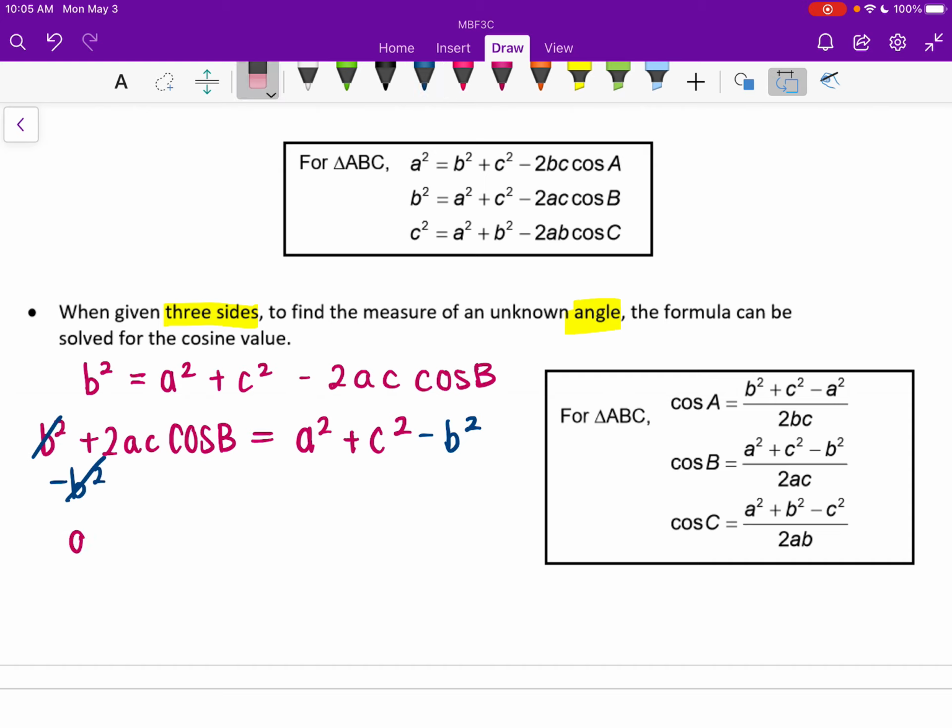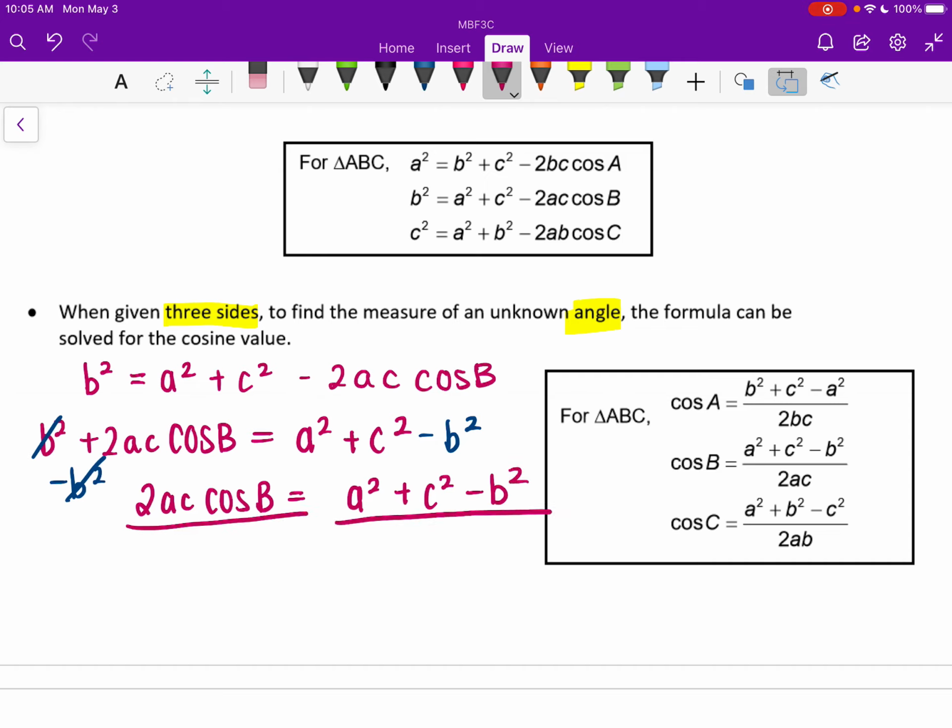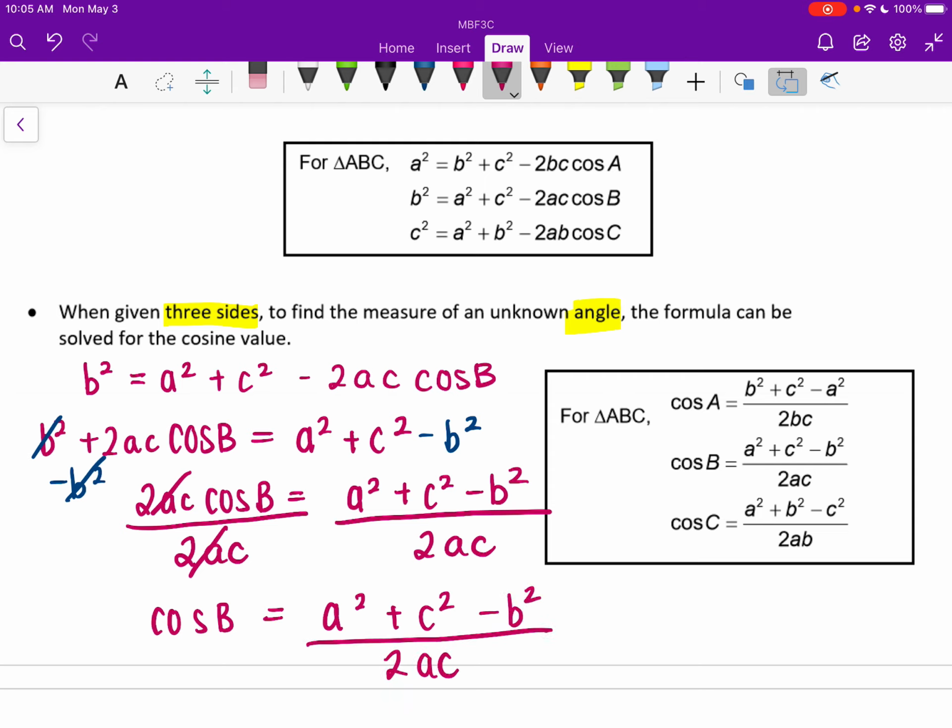So I'm left with 2AC cosine B is equal to A squared plus C squared minus B squared. If I want to get the cosine B by itself, I'm just going to divide it by 2AC. So then I know that cosine B is equal to A squared plus C squared minus B squared over 2AC, which makes sense because that's what it's equal to here, right?